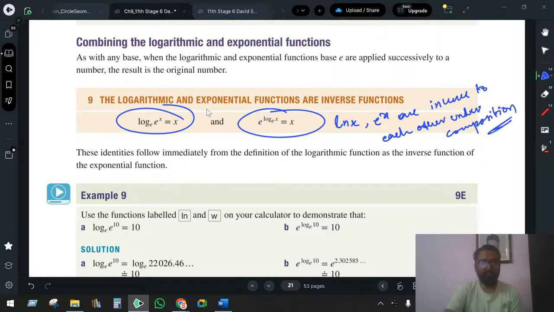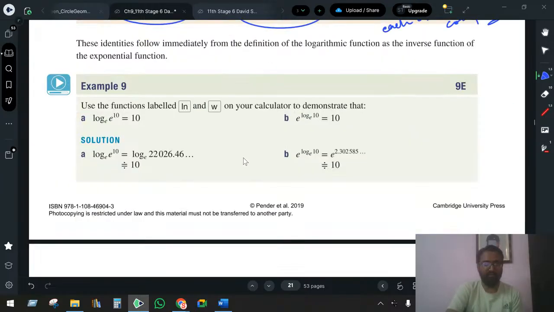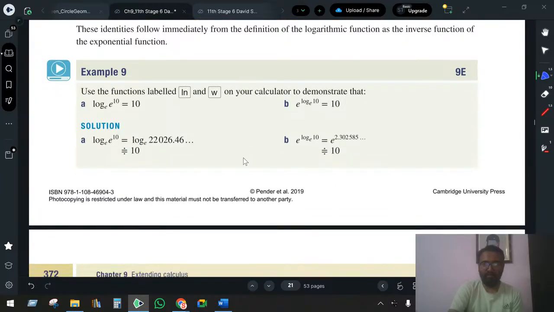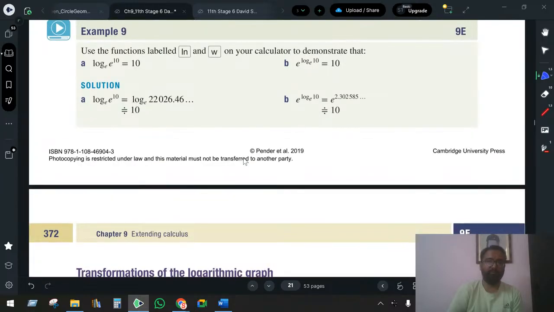We should know all the properties of exponentials and all the properties of logarithms, and apply each and everything. So this is log of e power 10 base e. When 10 comes to the power, it becomes 10 log e base e, which goes to 10. And e power log 10 base e is also 10, directly 10.